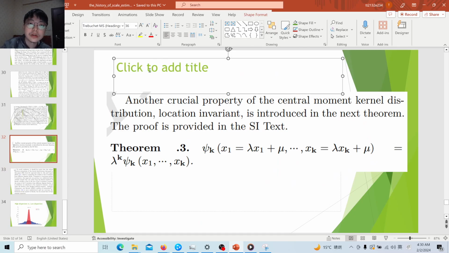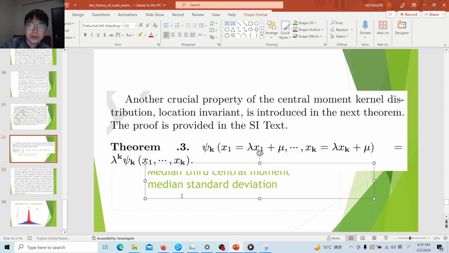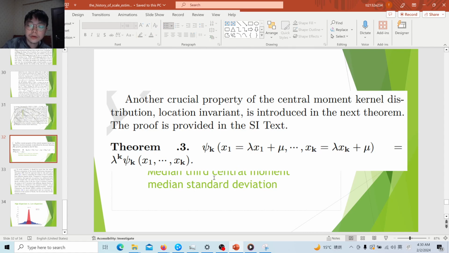For example, we can estimate the median of the third central moment and compute a trimmed standard deviation. Because it is location invariant, we can just compute the skewness, the third central moment over the standard deviation to the power 3, and the result will be location invariant because of this property of the central moment kernel distribution.